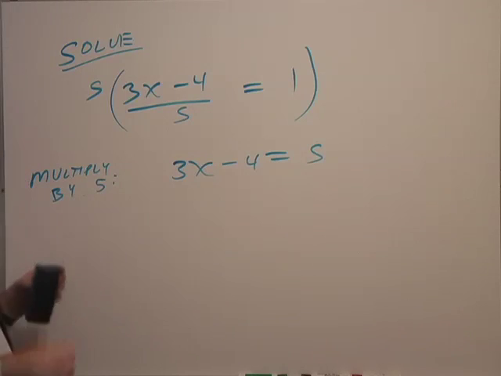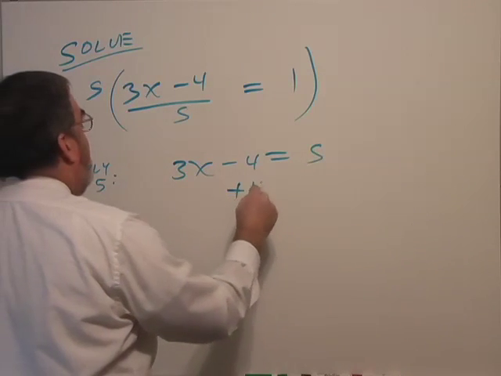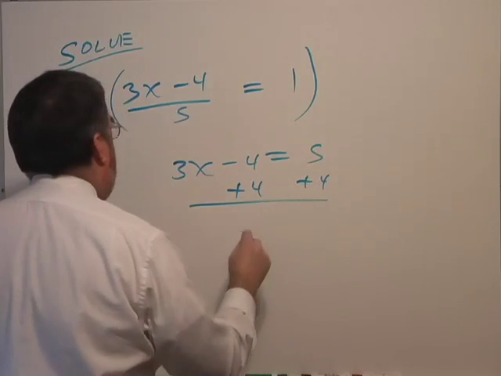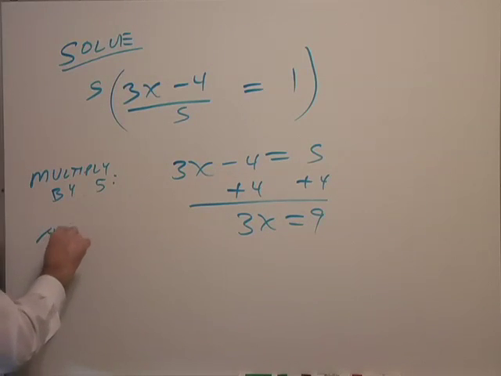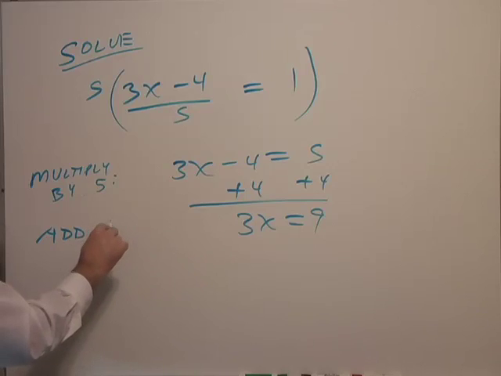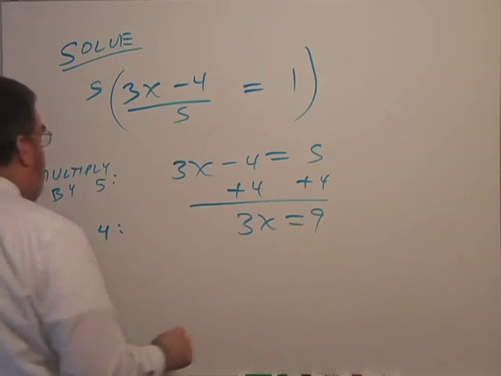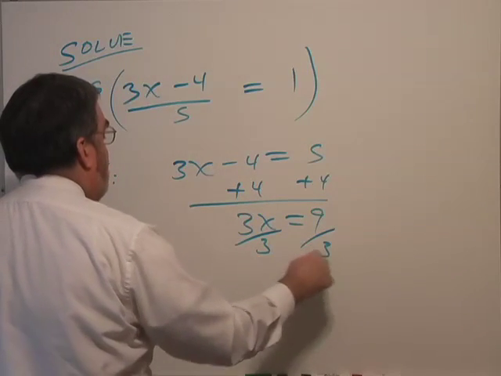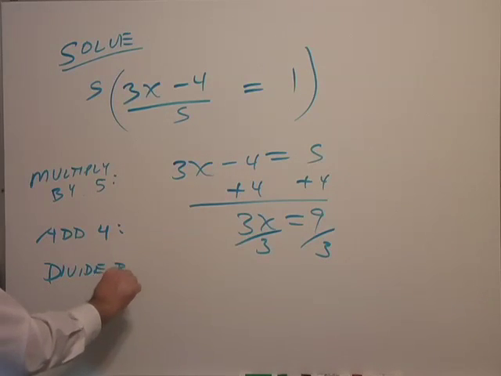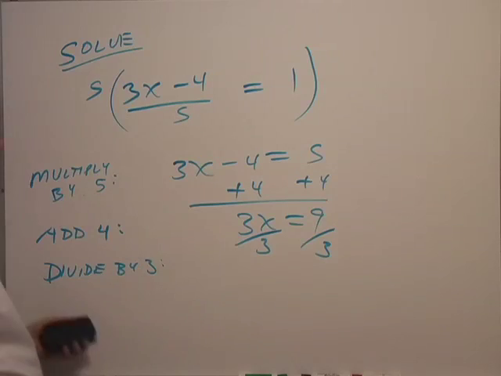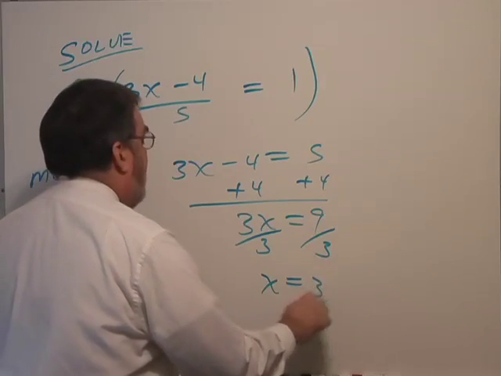Now what's our next step? Probably add 4 to both sides. Alright, so we add 4. And then our last step is to divide by 3. Divide by 3. And so that gives us an answer of x equals 3.